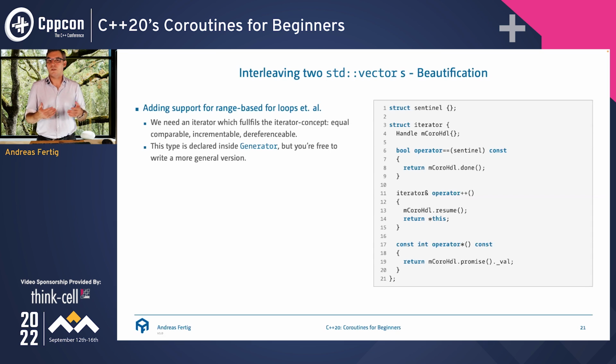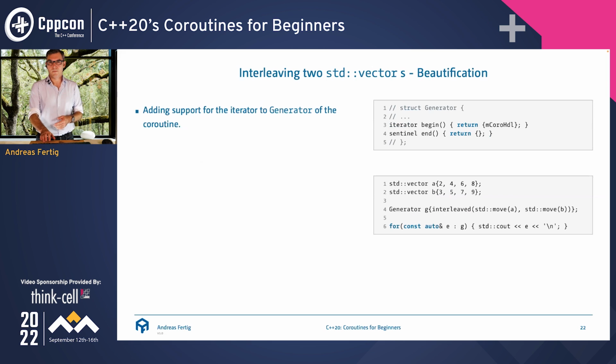Internally it calls resume on the coroutine handle and returns a reference to this. And in line number 17, the dereference operation, of course, uses the coroutine handle, accesses the promise type, reaching for value. So that's my abstraction here. This is my iterator implementation. It's also a very nice thing, small code.